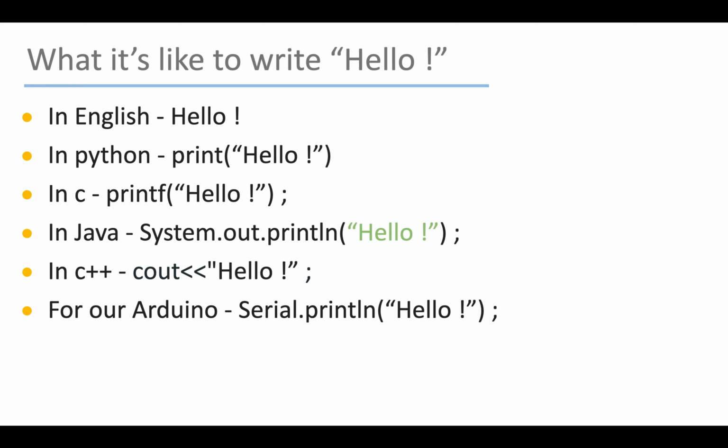There we will write System.out.println, then brackets, quotes, hello, and then statement terminators. And in C++, it's cout, less-than signs, the quotes, hello, and the statement terminators. And for Arduino, it will be something like Serial.println, brackets, quotes, and hello.